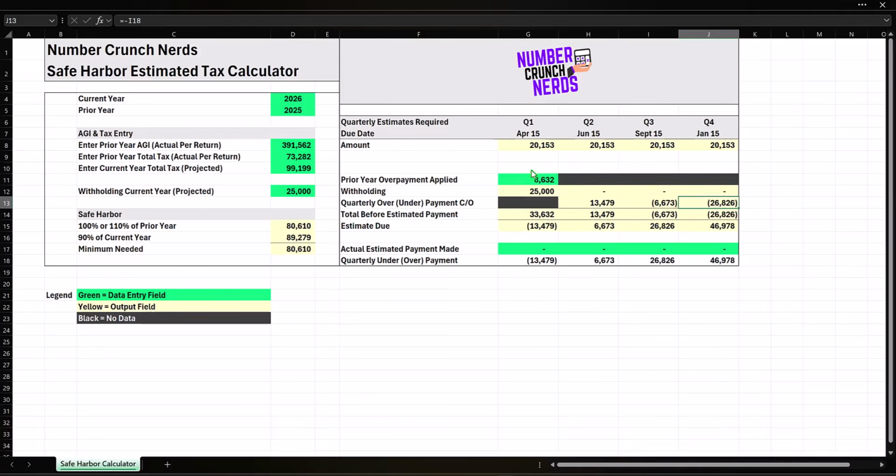Then $25,000 would be all applied to Q1 right here, and it would cause the amount in cell G15 to become negative, indicating that there is no estimated tax payment due for Q1.